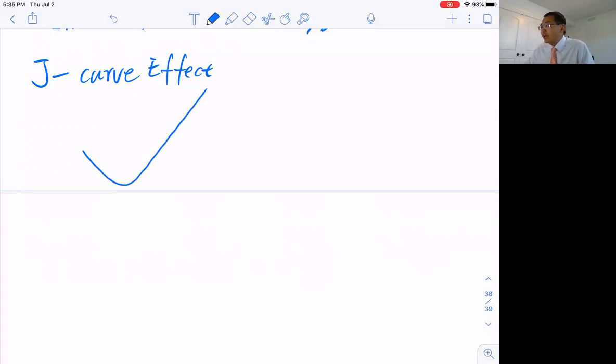Some of the lags that could cause this: first of all, there's recognition lag. It takes time to realize that your market conditions have changed because of the exchange rate. Decision lag is when you have to form new business connections and place new orders under your changed market conditions. The delivery lag: it takes time for new orders to be placed and for their impacts on trade and payment flows to be felt.